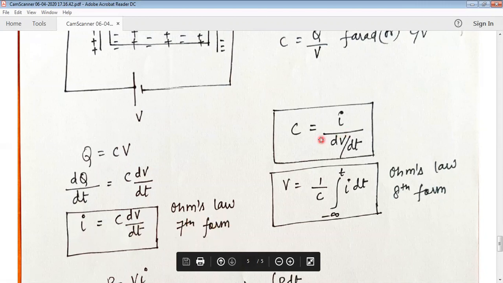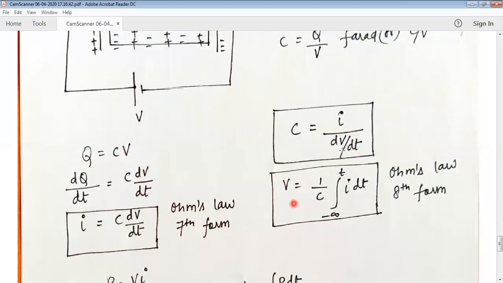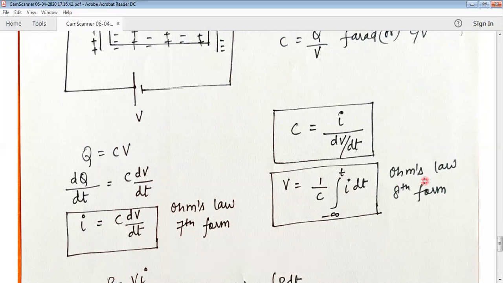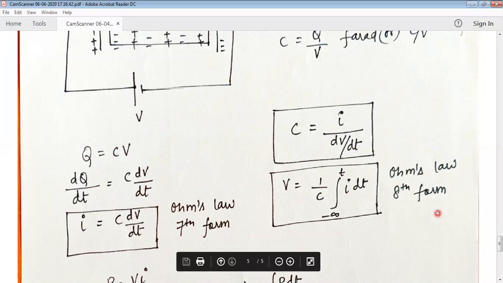Next, this equation you can write as C equal to I divided by dV by dt. For calculation of the voltage, you have to integrate. So V equal to 1 by C integration of I dt. This is also a relation between voltage and current, so we can say this is Ohm's law 8th form.